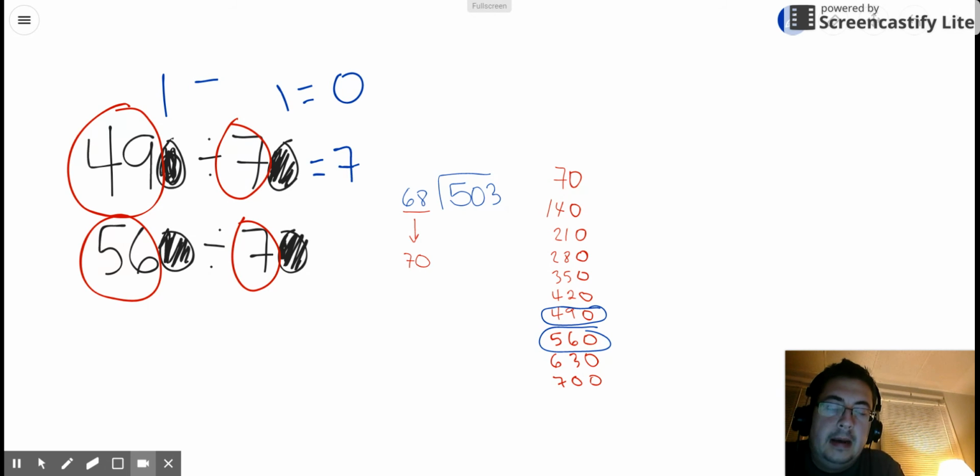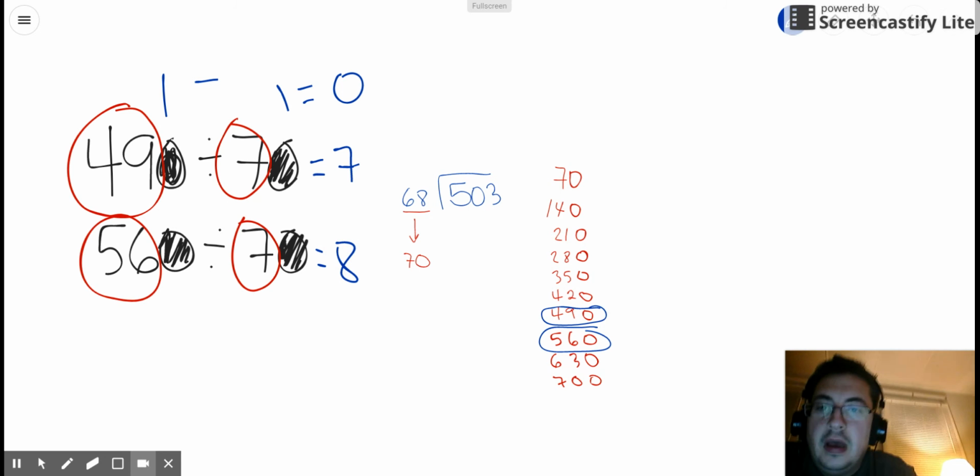So I'm just going to count my multiples until I get to 560, or 56. So we have 1, 2, 3, 4, 5, 6, 7, 8. So the 8th multiple of 7 or 70 is 56 or 560. So 56 divided by 7 is going to be 8. Let me do a better job drawing this 8 here.